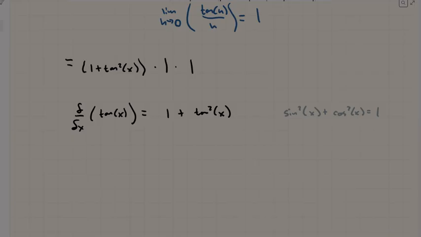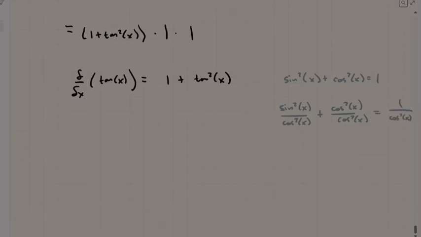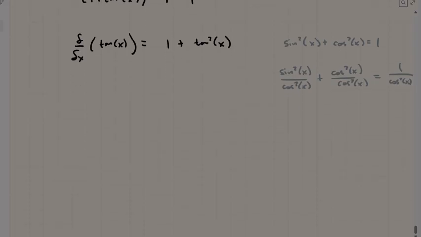And if we divide each term in here by cosine squared, then we get this other trigonometric relationship that says the tangent squared of x, which is sine squared over cosine squared, plus 1, cosine squared over cosine squared, is equal to secant squared of x.